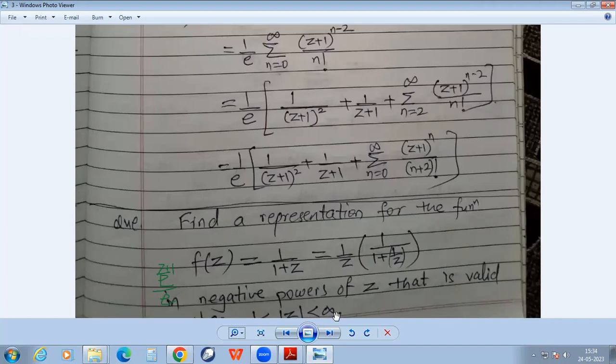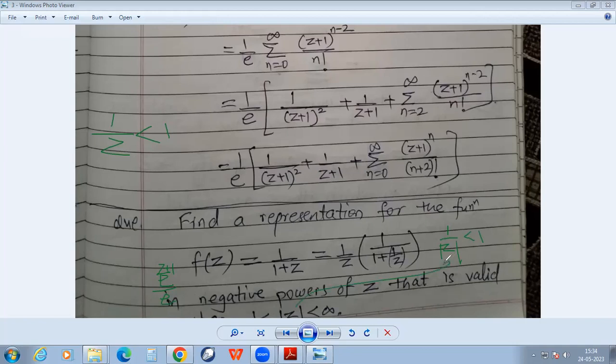So what to do now? If I take it to be 1 upon z, then what will happen? If I go to 1 upon z, then surely its modulus will be less than 1. This actually means 1 by mod z less than 1.